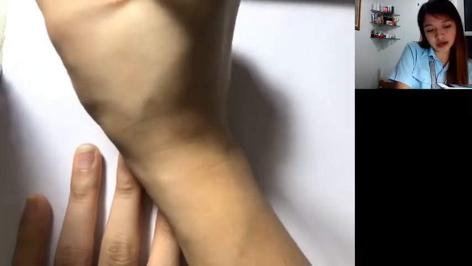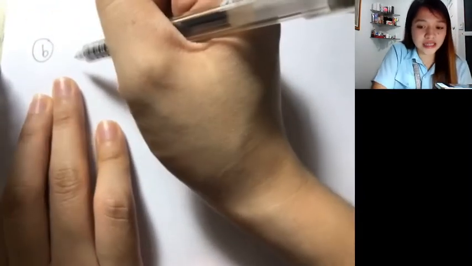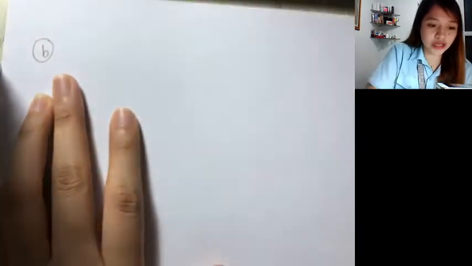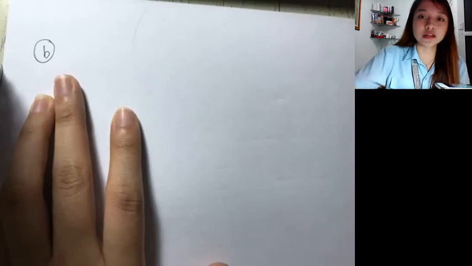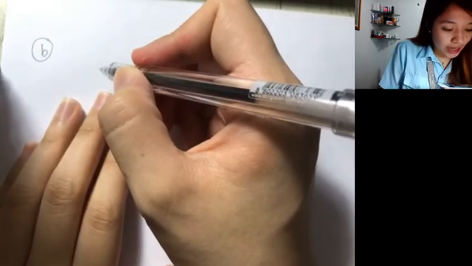Go back to another page. So here, we are now solving for letter B. For B, the velocity V1 is determined as the angular motion of gear A and gear B. So where are gear A and gear B?